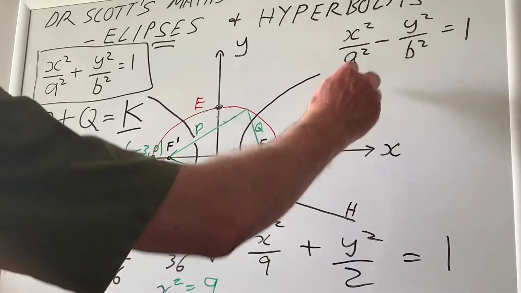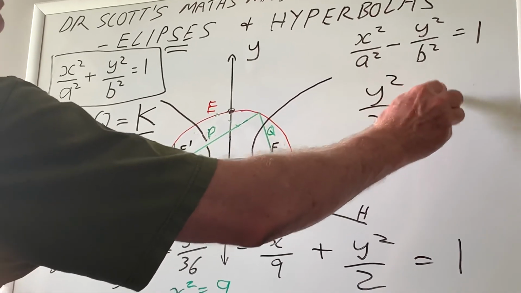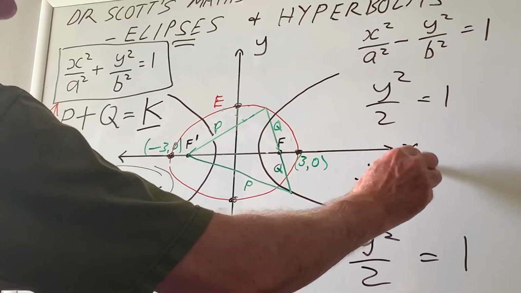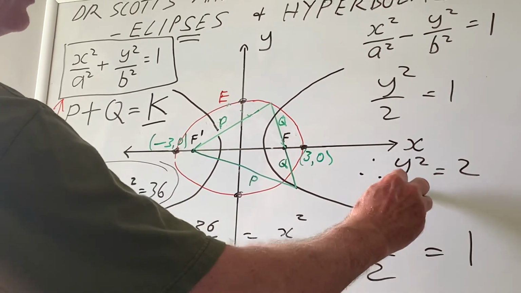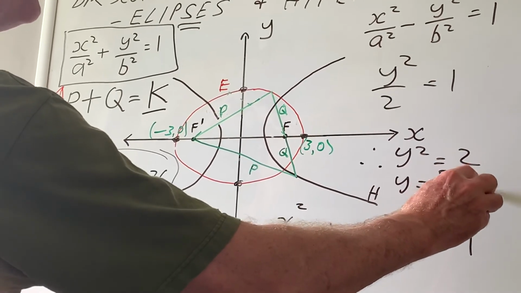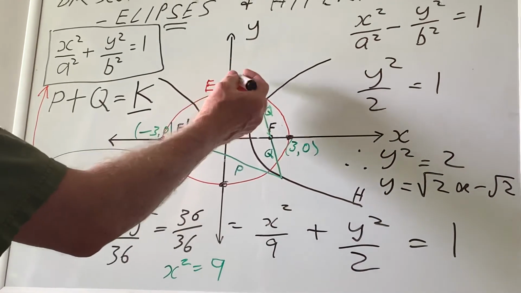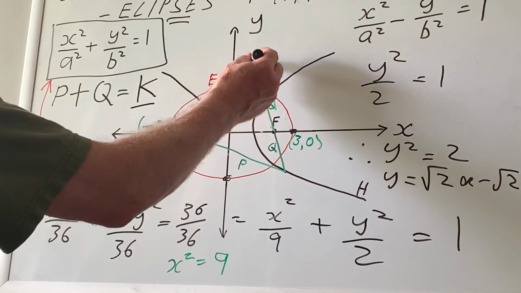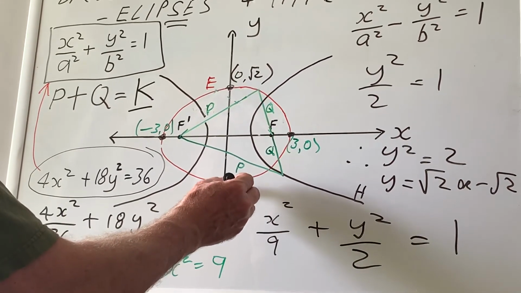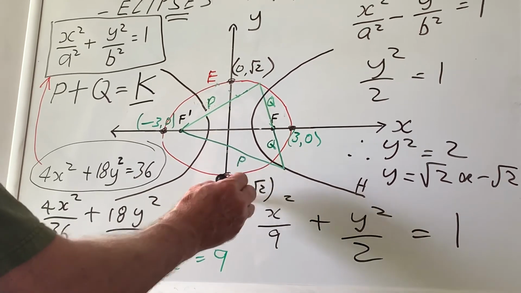Therefore y squared equals 2, so y equals root 2 or negative root 2. So that would be 0, root 2, and this would be 0, negative root 2, in x and y.